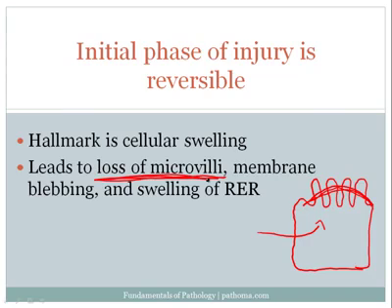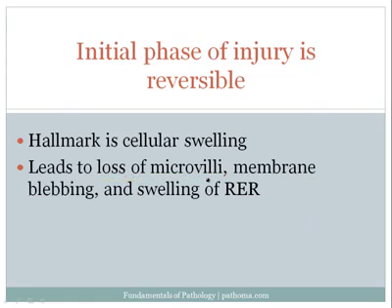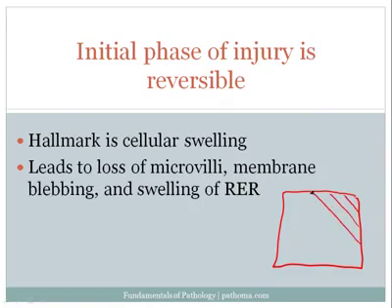Another important feature of reversible injury, it again goes back to cellular swelling, is membrane blebbing. Let's go back and remind ourselves that the cell contains something called a cytoskeleton, and the cytoskeleton maintains the size and shape of the cell, but also maintains the integrity of the membrane along the surface of the cell.